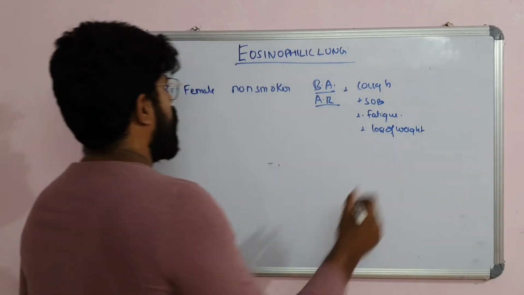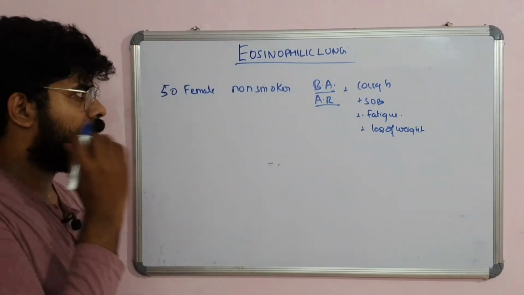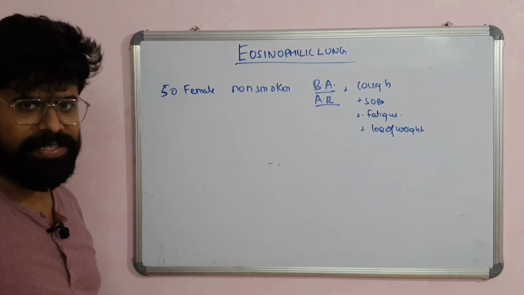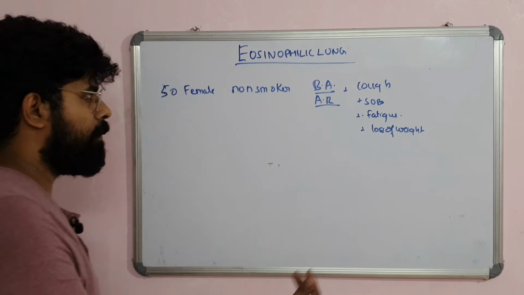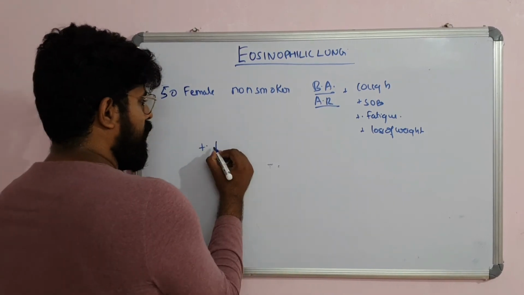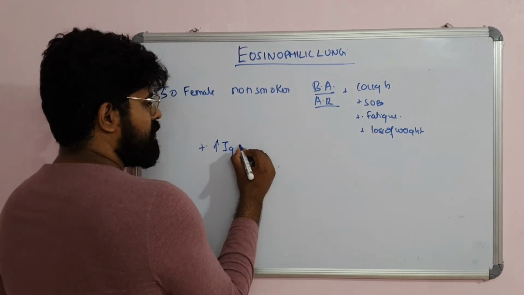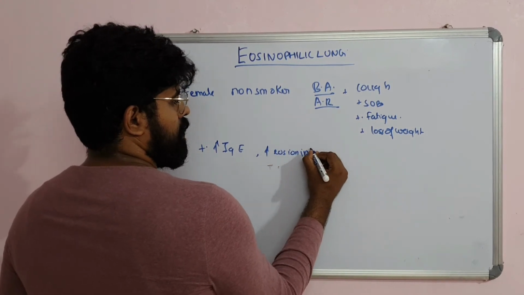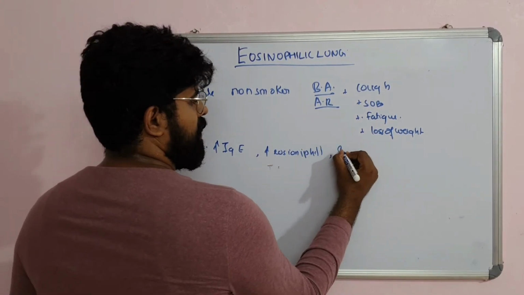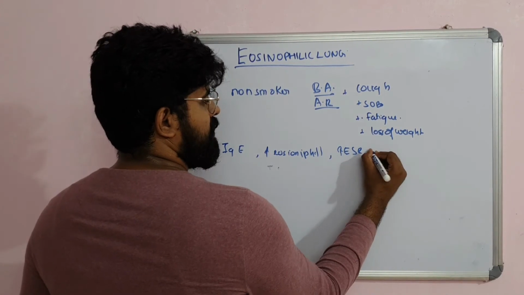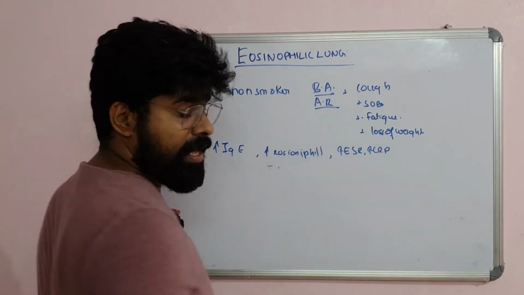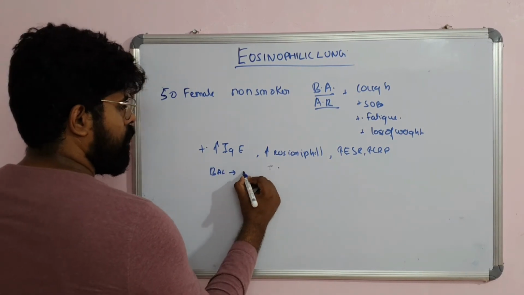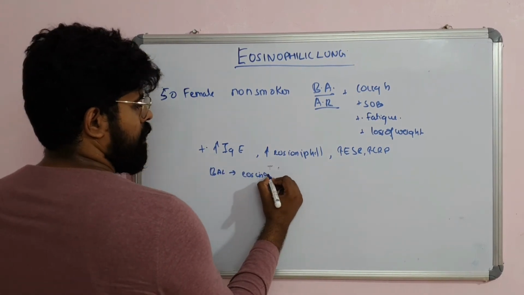This is a chronic presentation. The patient will show increased IgE levels, increased eosinophil levels. The patient can again have raised ESR, raised CRP, and there will be bronchoalveolar lavage eosinophilia; the BAL will show eosinophils.